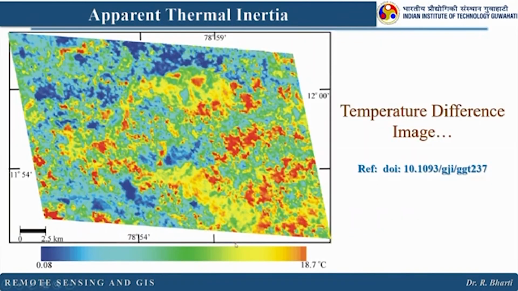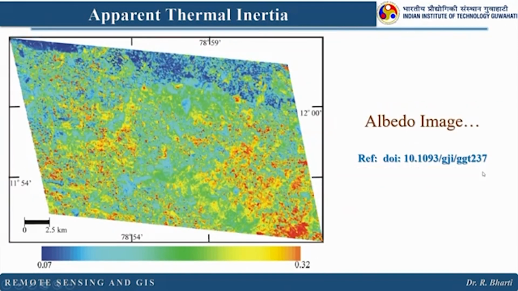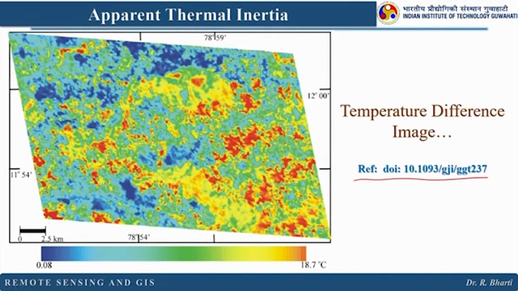So the temperature difference image, when you are using ASTER data, will look like this depending upon your area and the material, but this is one example from this particular paper, and this is the albedo image. So now you can see this is when we are using temperature data.